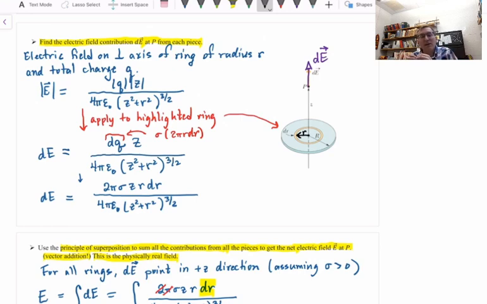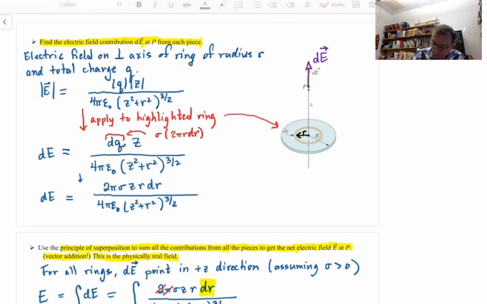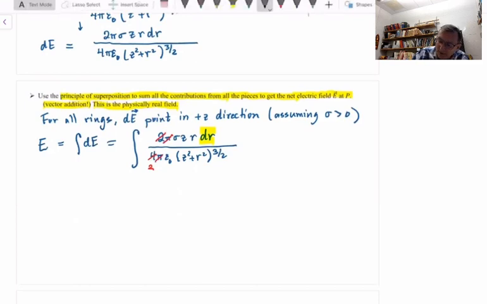So you have to think about what the little r varies over to go from the middle out to the edge. And little r is just the distance from the center, so when you're at the center, the little r is 0. And when you're at the edge, the little r is equal to big R, the radius of the disk. So my limits on my integral are little r goes from 0 to big R.